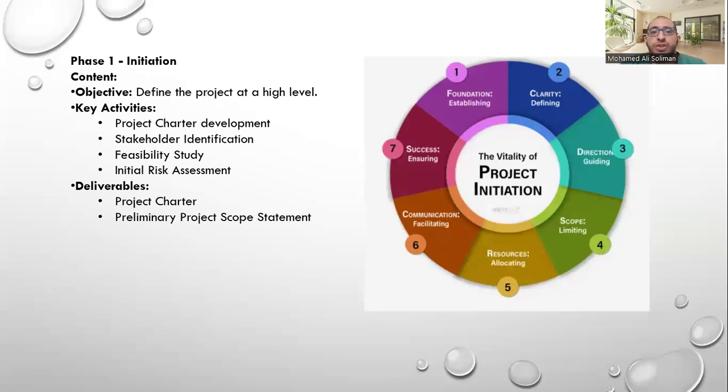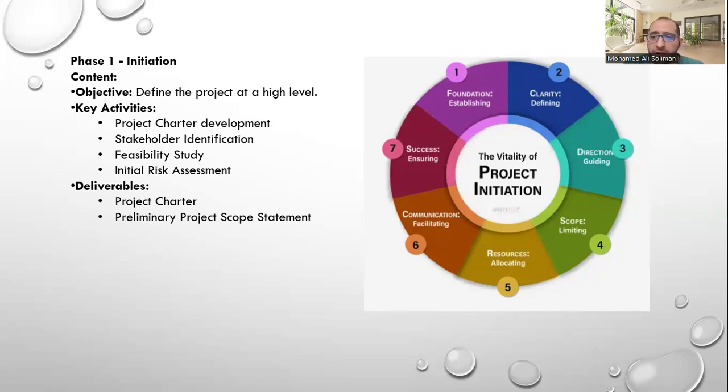We'll start with the initiation phase. As we spoke in the last slide, we were talking about defining the project on a high level. So we expect in this phase to see a project charter development, including all the activities, including high level everything in the project, stakeholder identification, feasibility study, and initial risk assessment at the beginning.